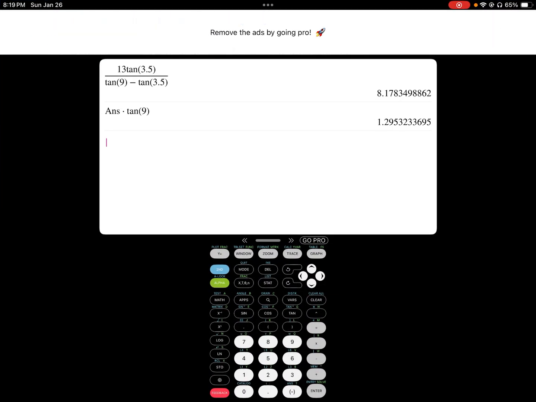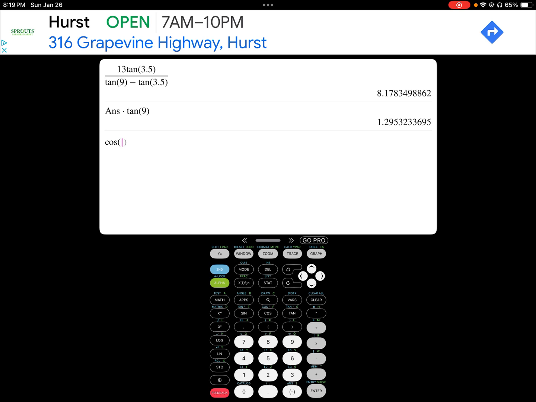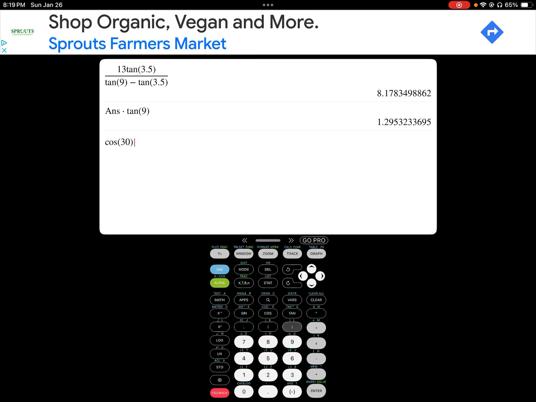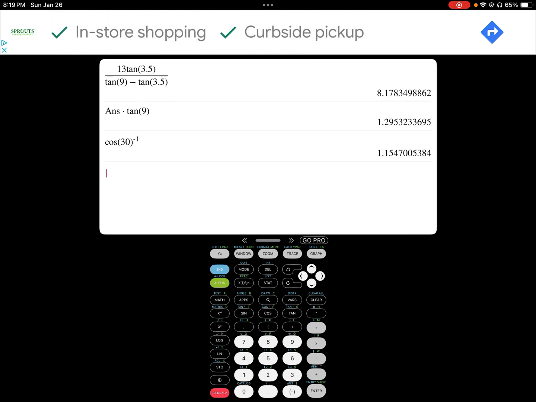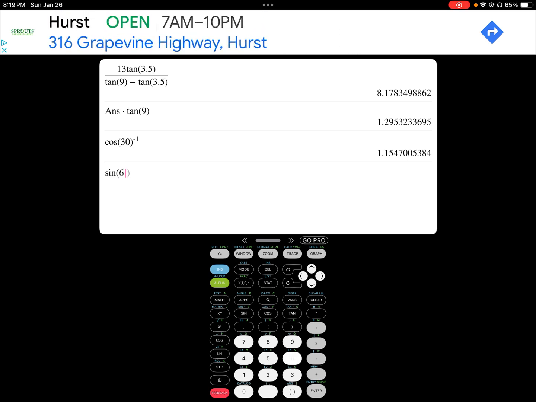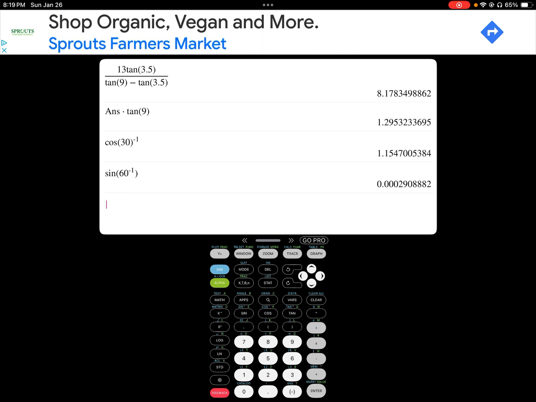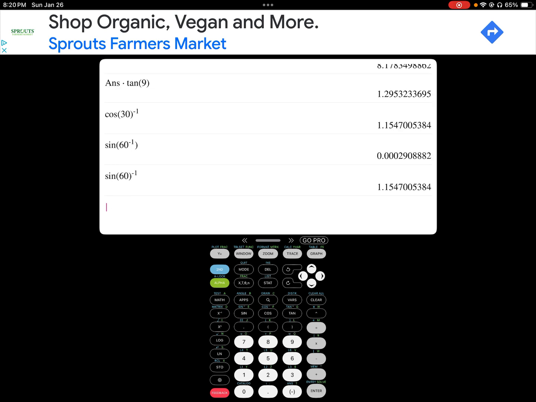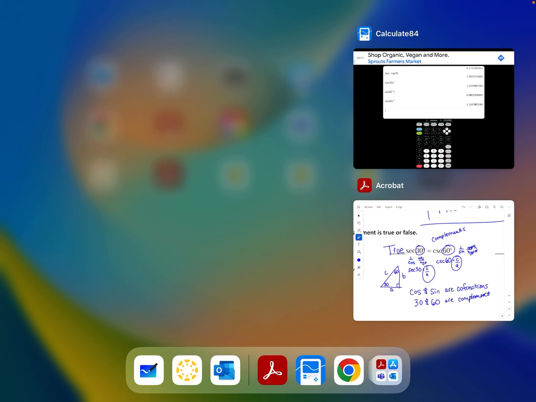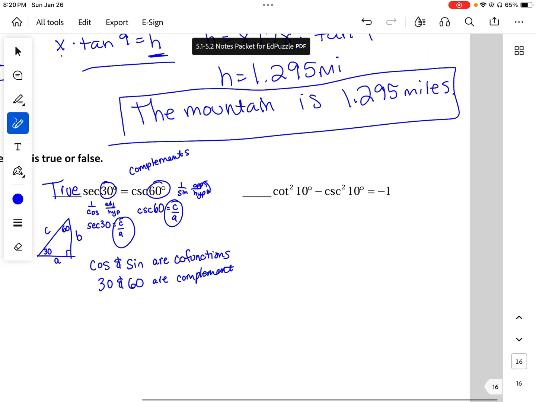So let's just do cosine of 30, and then we'll hit the inverse. Okay, and then do sine of 60, do the inverse. Okay, I did it wrong. I needed to close my parentheses first. Let's actually close them. There we go. Okay, there we go. Now they're the same. So that proves it's also true. So that was 2 ways of proving it's true.